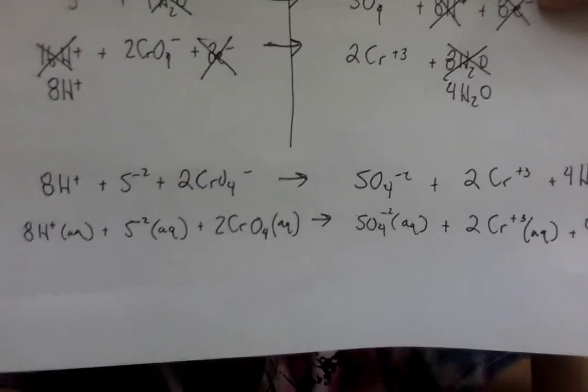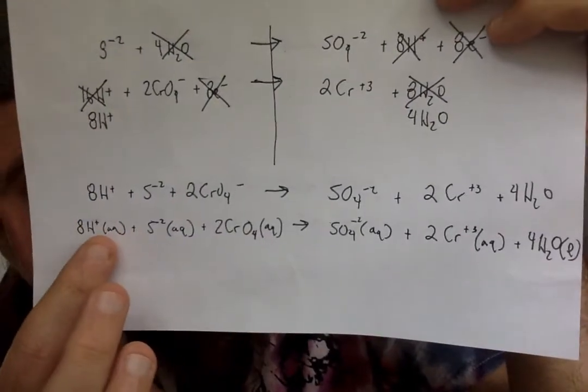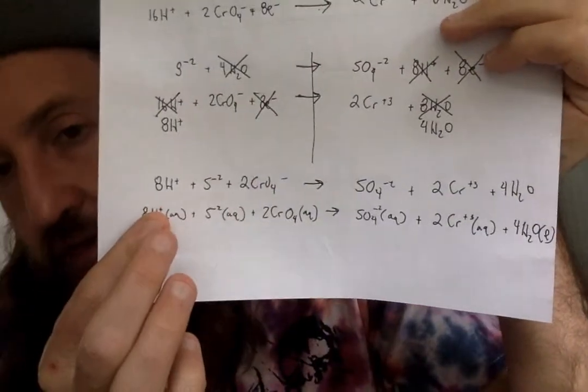And so if you want to do that in a basic environment, you just add enough hydroxide to both sides, which would be 8 to cancel out the acidic part, and I'll do that here on a separate sheet so as not to confuse things. See if I can recycle a bit of paper here.